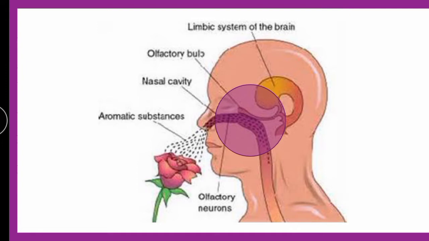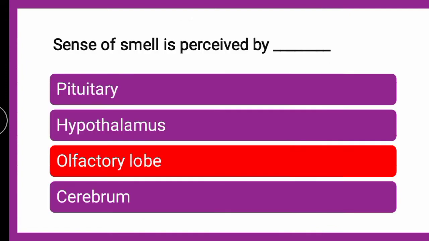The olfactory bulb is located below the cerebral hemisphere, below the forebrain. It is involved in sensing smell. So the correct answer is the olfactory lobe. Sense of smell is perceived by the olfactory lobe.